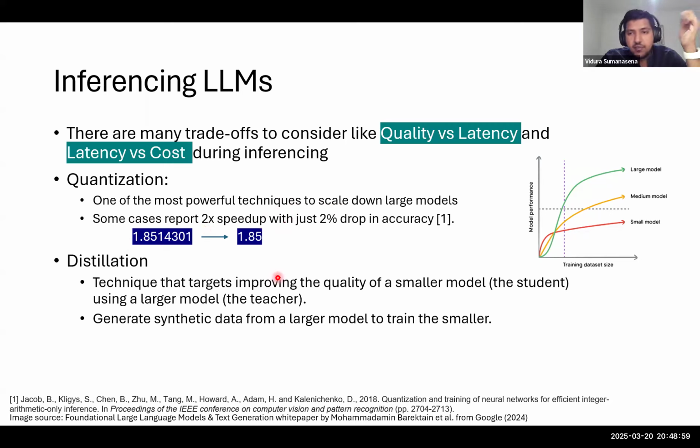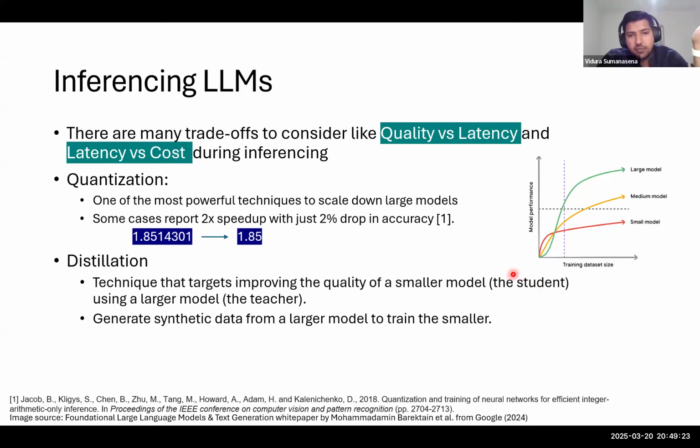The other one is distillation. Distillation means you train a larger language model, let's say a 70 billion model, and you ask it to generate text. On that text, you train a much smaller, student model. This is what we call the distillation technique.